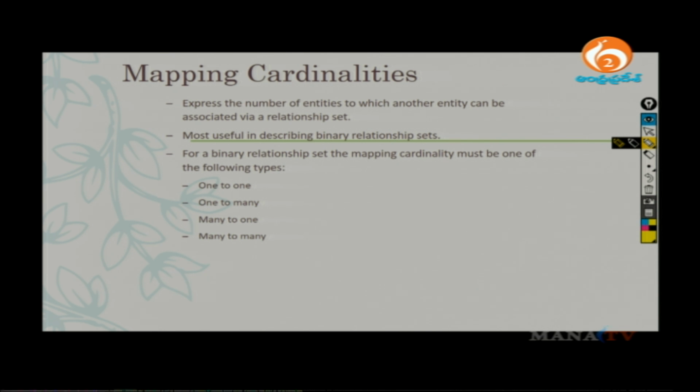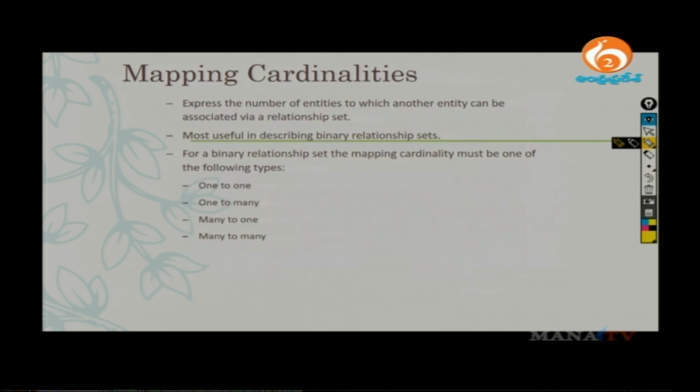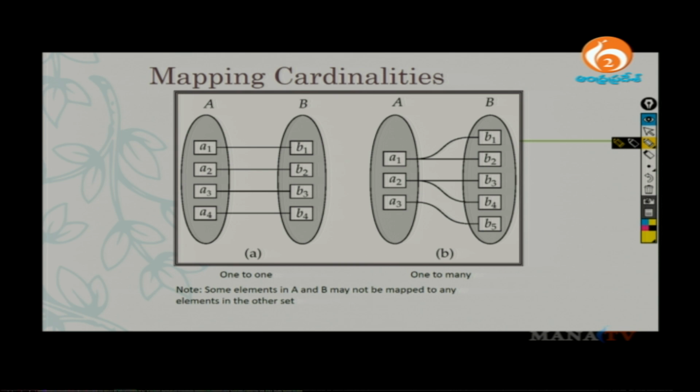Alright. Once you are done with this, we will see simple examples of one to one and one to many. If I say one to one, every student belongs to only one college, that is a one to one relationship. Every employee belongs to only one such thing, that is also one to one.